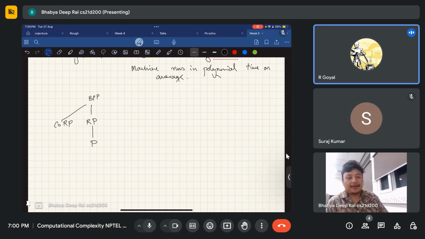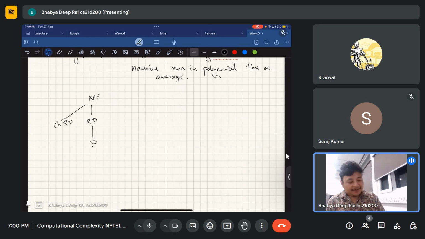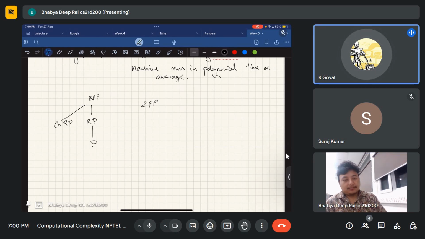Yes. Right. Now, can you tell about ZPP? So in RP, this is one side, in coRP, the other side. So if I take the intersection of the coRP and RP, I would be having the answer of both.